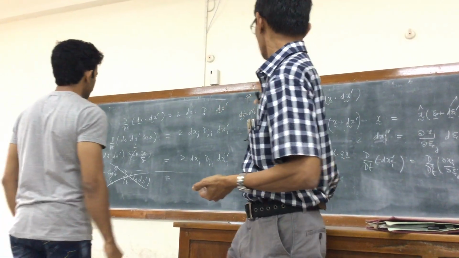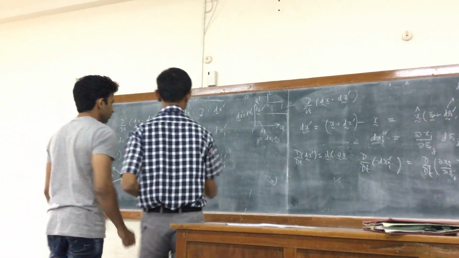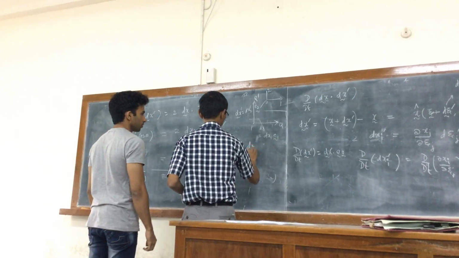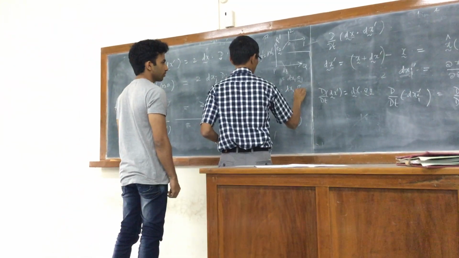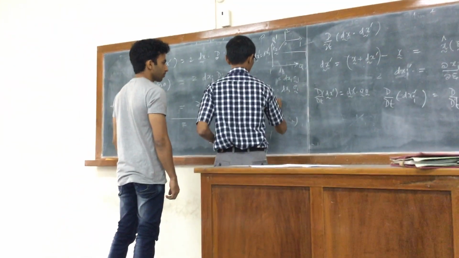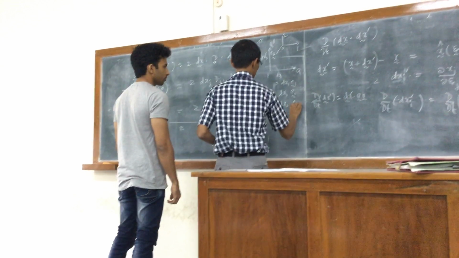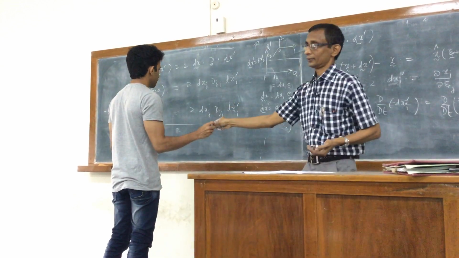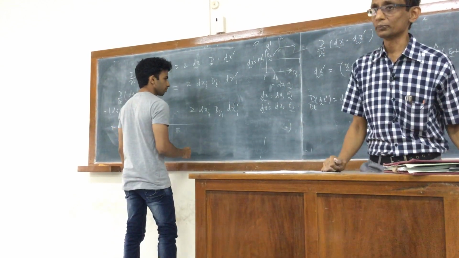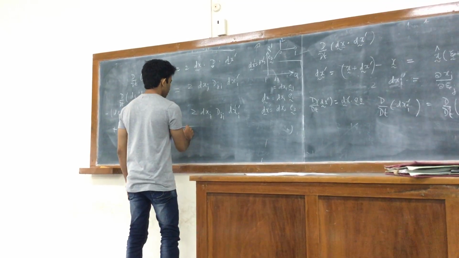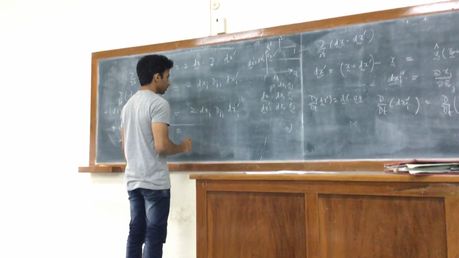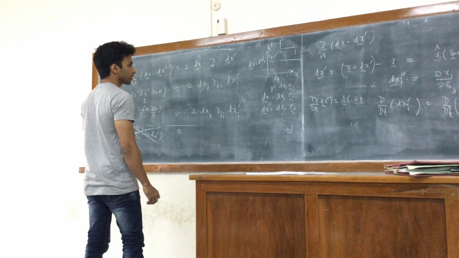Yeah, so expand this for this particular case. What I am saying is dx is equal to dx1 E1, dx prime is equal to dx2 E2. So just guess. I have said it is only one term. So guess that one term, dx2 prime.